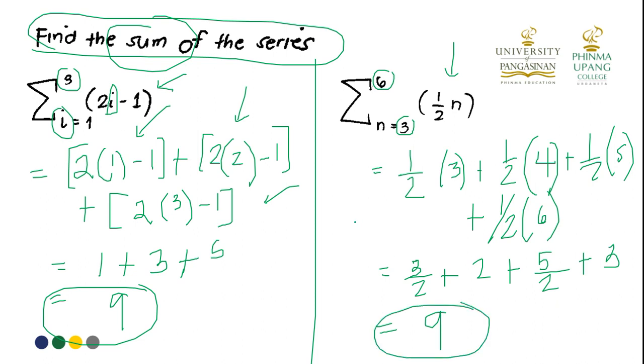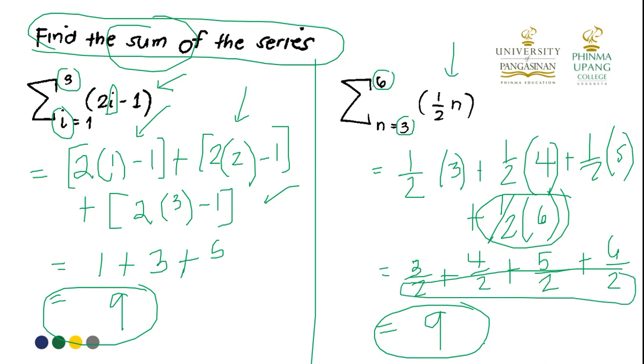Yes, sir. Are you sure? Yes, sir. Sir, can you give me a technique para hindi na po kami gumamit ng LCD? Yes. The first one is 4 all over 2. The fourth one is 6 all over 2. Since they have the same LCD, I'm going to copy LCD 2.